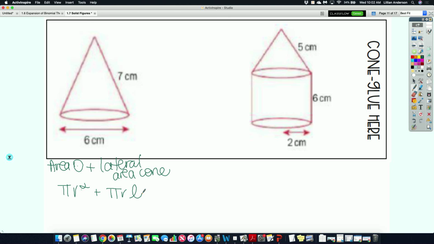And what does the L stand for? Slant height. So in this picture, this was pretty straightforward. What's the radius? 3. And the slant height is 7. Remember, slant height runs along the edge of the cone. And then we just type that in to get our answer.